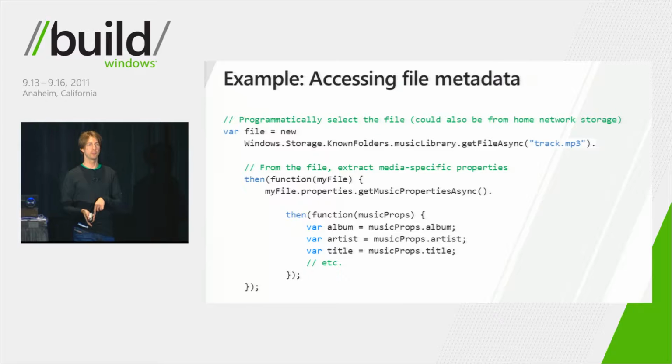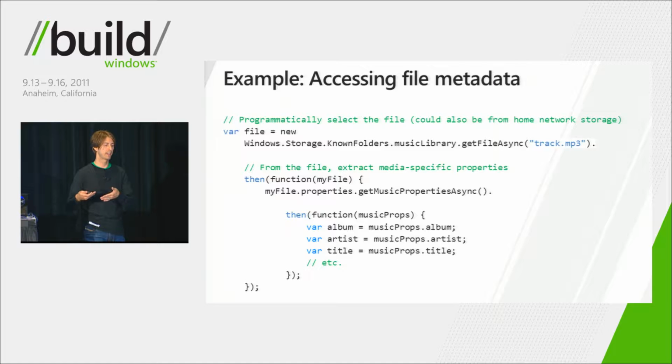Another way that you can do that is you can programmatically go straight to the files. You can build your own view of what's happening in the files if you don't want to use that built-in picker and allow the user to choose. Here, we're showing how to get access to an MP3 track inside of the music library using a very straightforward API. When I have this file, I'm then able to actually look at the music properties of this file. The same is true for videos or photos.